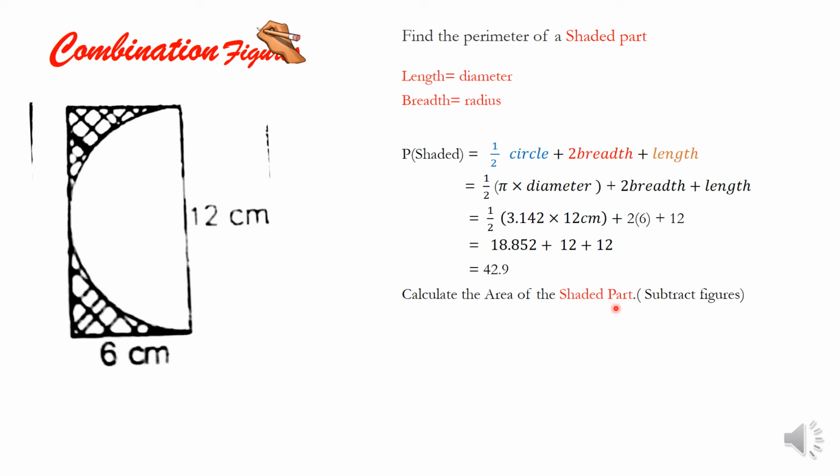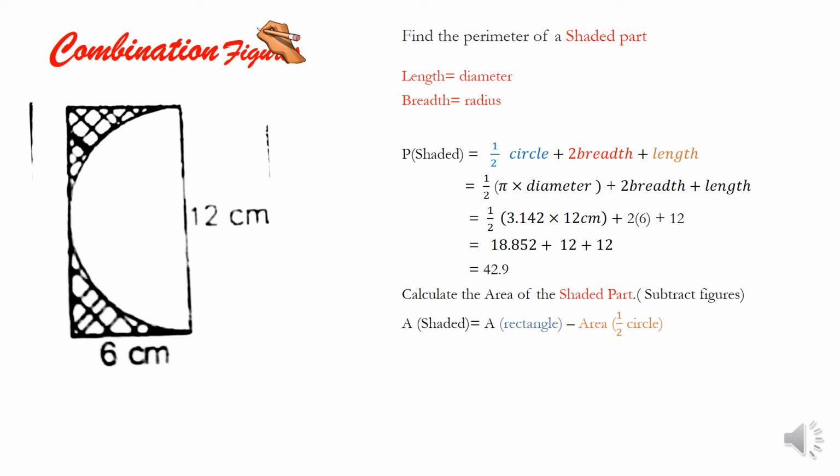For you to find the area of the shaded part, you need to find the area of the rectangle minus the area of the semicircle. What is left is going to be the shaded part, which is right there. Okay, the shaded part. So we subtract the figures.